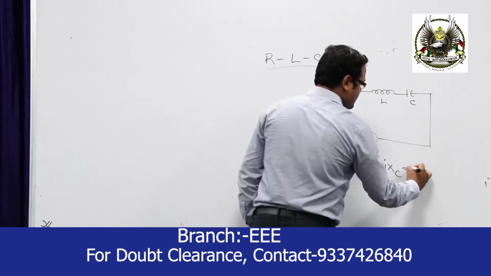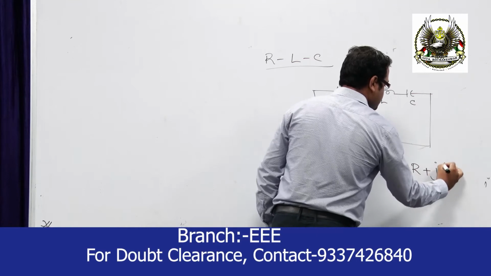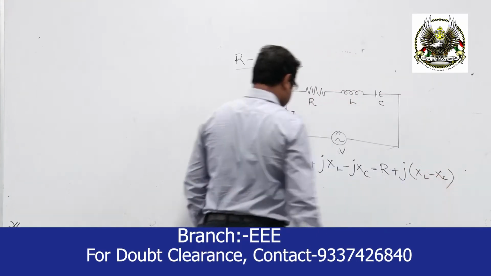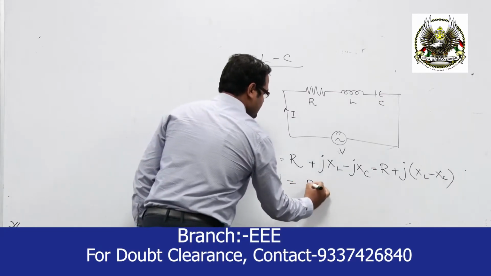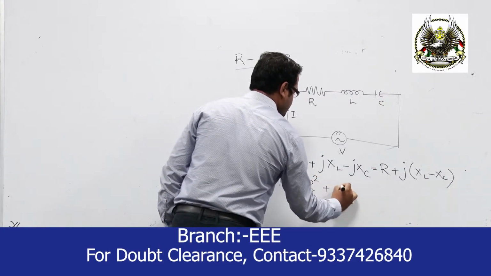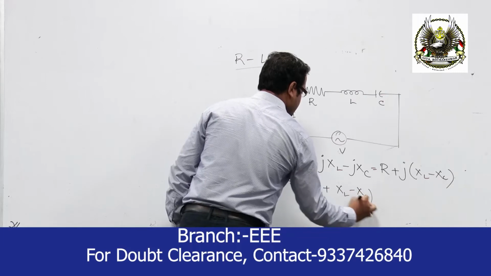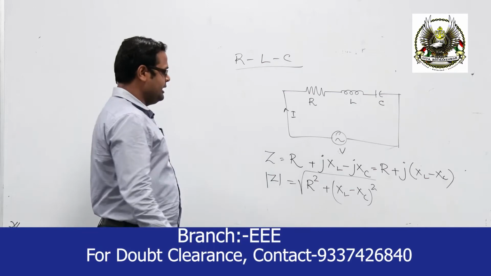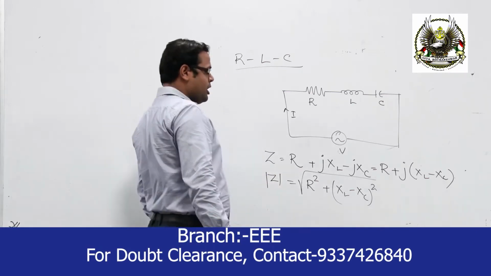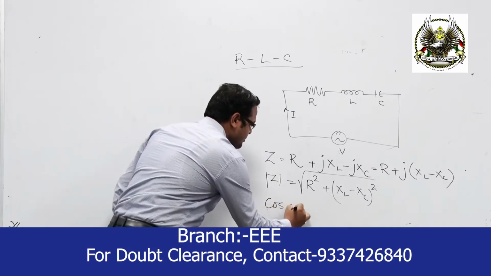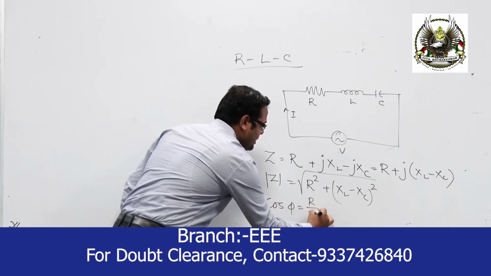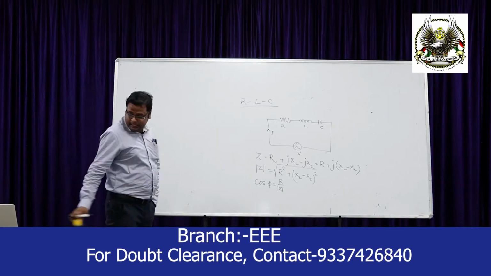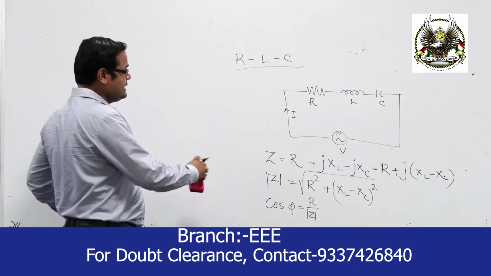This is R plus j, XL minus XC. Mod Z is square root of R square plus XL minus XC whole square, and you can find the power factor cos phi, same formula, R divided by mod Z. Here there are 3 cases in an RLC series circuit.